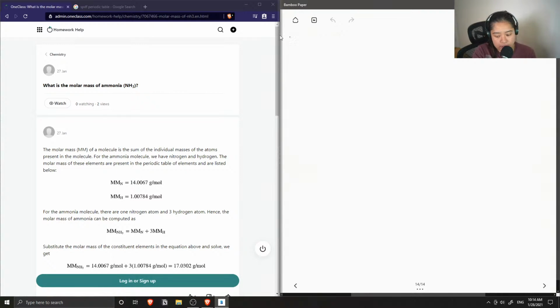Okay, so question 5 asks, what is the molar mass of ammonia? And ammonia is NH3. So when we want to find the molar mass of a compound, it's just going to be the sum of all of the different molar masses of the atoms involved in that compound.